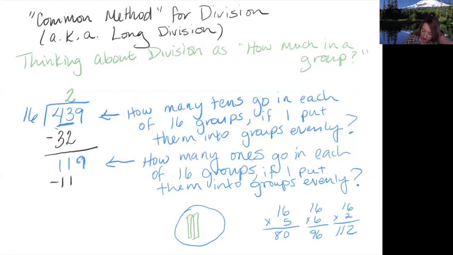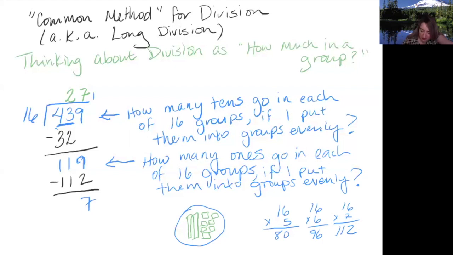So I'm using 112 ones, and I put 7 ones into each of my 16 groups. 1, 2, 3, 4, 5, 6, 7. And I have a remainder, just like we did with the last problem, because these are actually the same numbers.